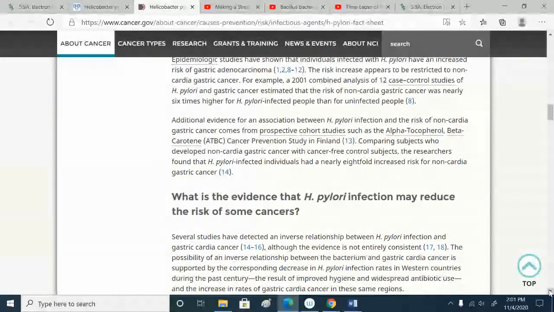So again, H. pylori may be protective, may be harmful, may do nothing at all. It just depends on you, your genes, your environment, your diet. We just don't know. But it is interesting that in some people, H. pylori could lead to stomach cancer. In others, it could protect them.